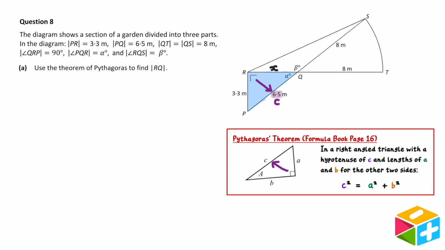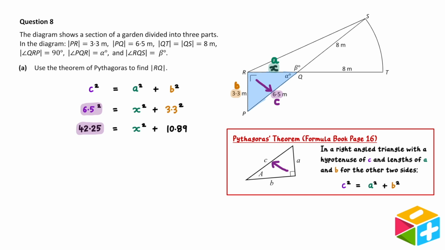The other two sides of our triangle should be labelled with A and B. Here, I'll label the X as our A and the 3.3 as our B. Now, let's sub into our formula. 6.5 squared is 42.25, and 3.3 squared is 10.89.